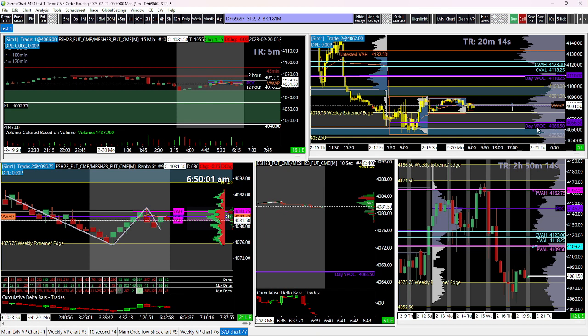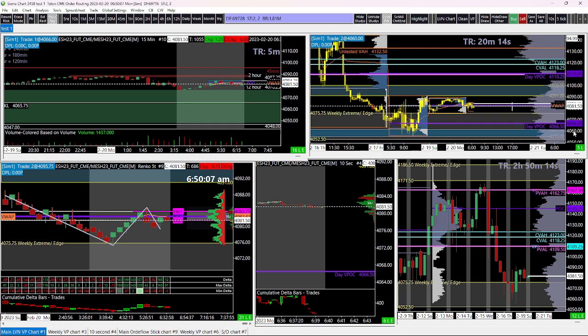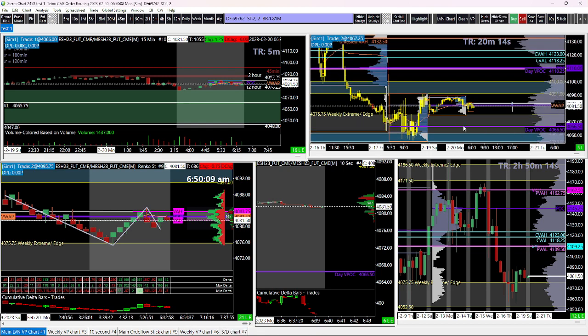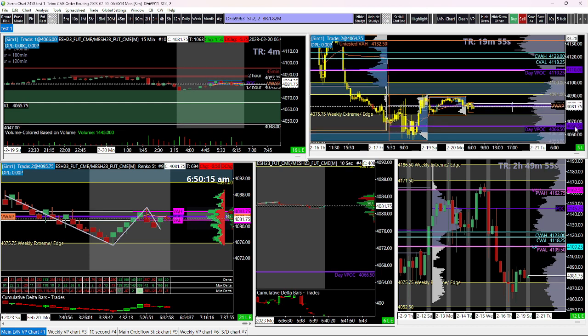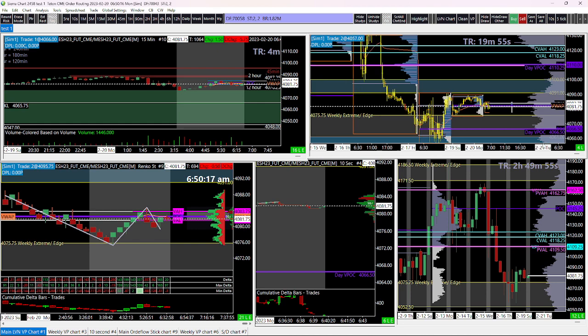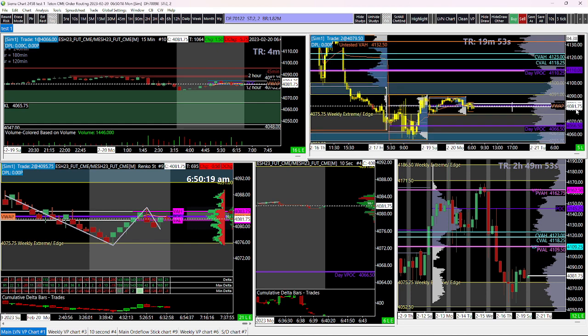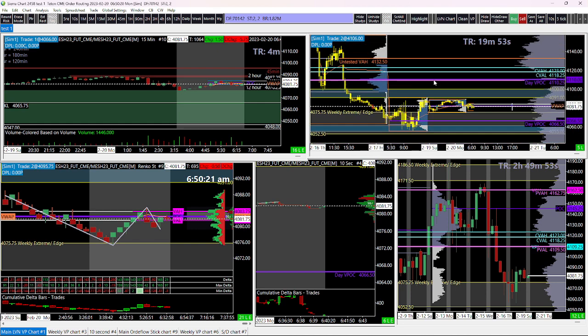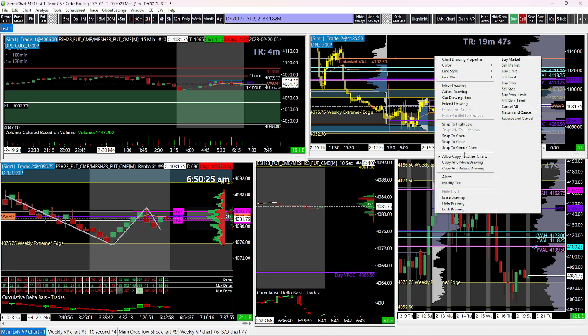As I see it, my daily zone is at 40.61. So we might come down here, hit the VPOC, then drop into the zone, and if we can find buyers, that could be a great opportunity. As price continues to look weaker, it might not be as great an opportunity, but we will have to see.